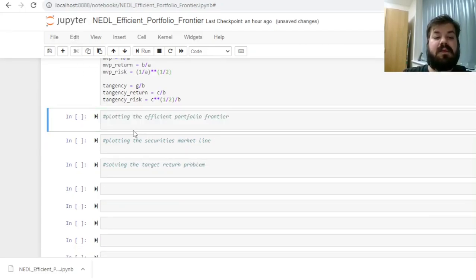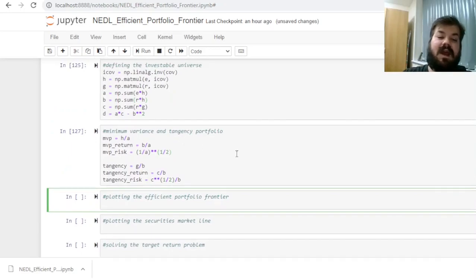Now we can plot the efficient portfolio frontier, and to start with, we have to consider a range of expected returns we're interested in, and calculate the risk of efficient portfolios for these levels of return. So let's say that our expected returns are in NumPy arange from 0 until 0.201.